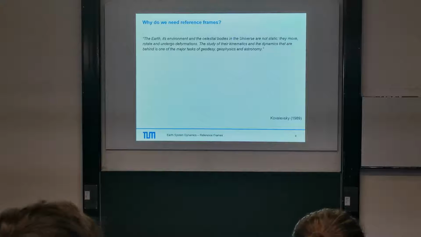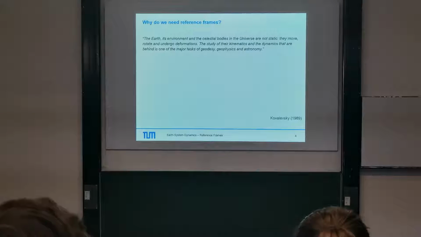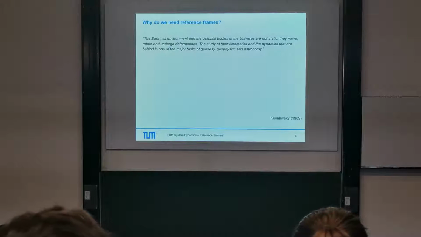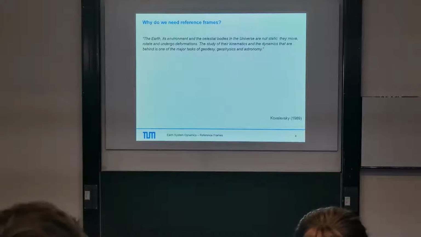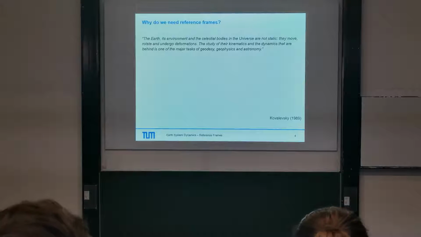The lecture of the TRF can be started with a citation by Kovalevsky et al. in 1989, so quite an old one, but this is more or less the introduction to their book on reference systems. They state that the Earth, its environment, and the celestial bodies in the universe are not static. They move, rotate, and undergo deformations. That's clear, obvious to everybody. And the study of their kinematics and the dynamics that are behind is one of the major tasks of geodesy, geophysics, and astronomy.